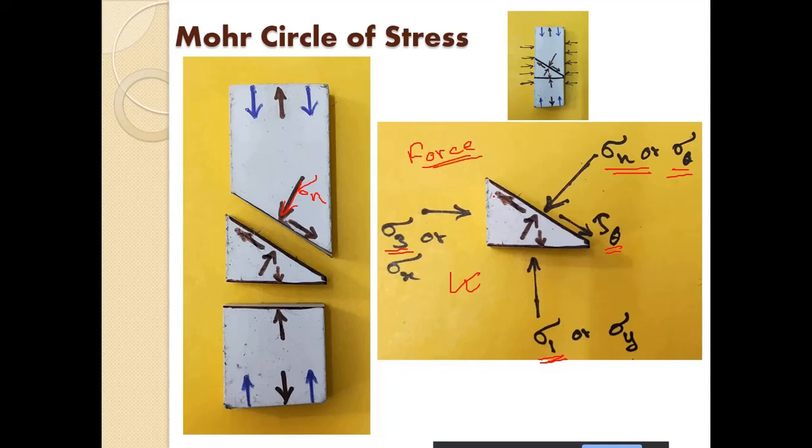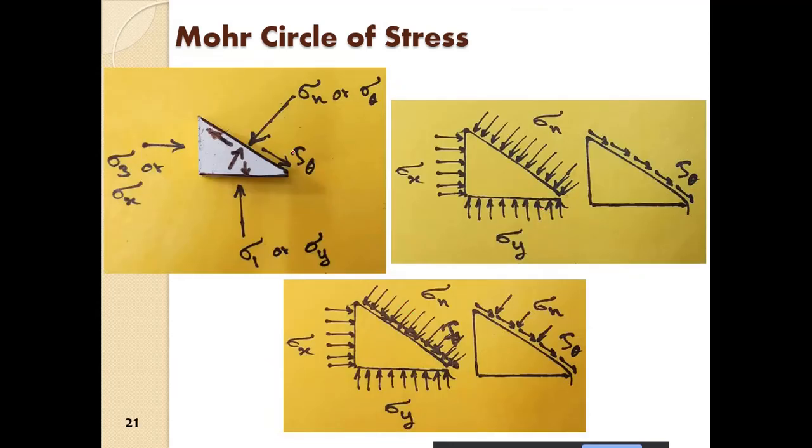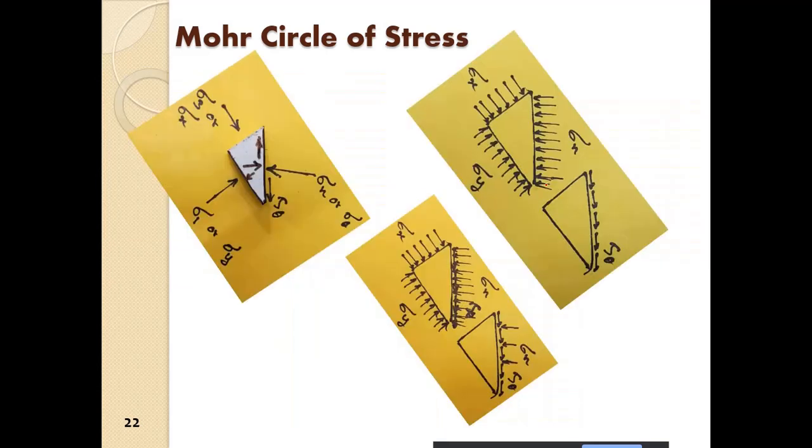We cannot sum up the stresses because the areas of action are different. All three areas are different. Therefore, we have to find the forces acting in each direction. So this is sigma n, sigma x, sigma y, and tau theta.